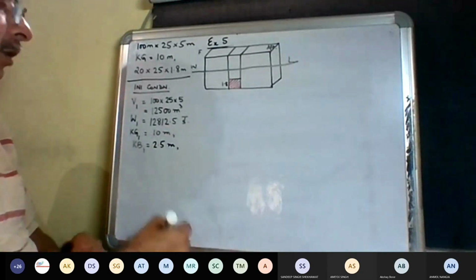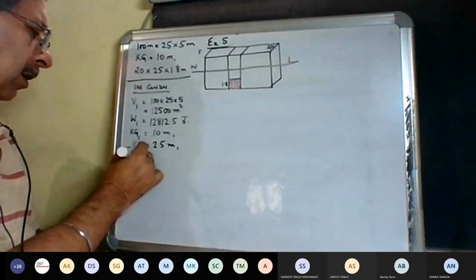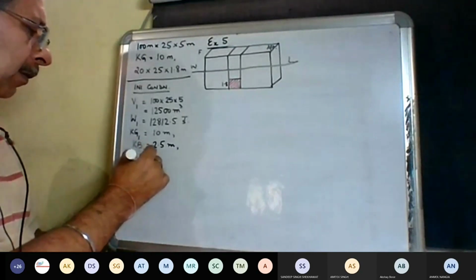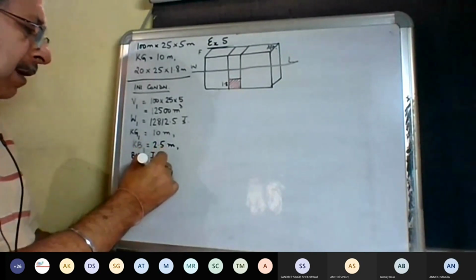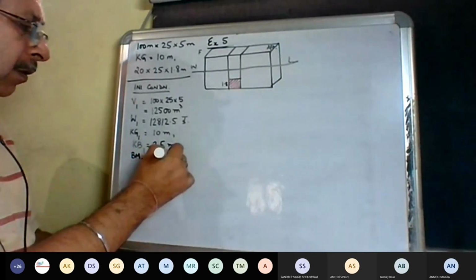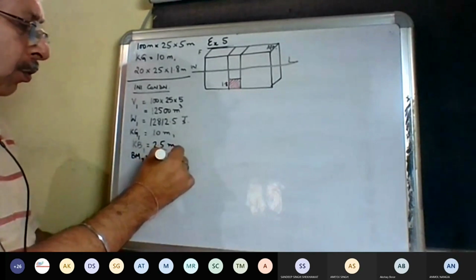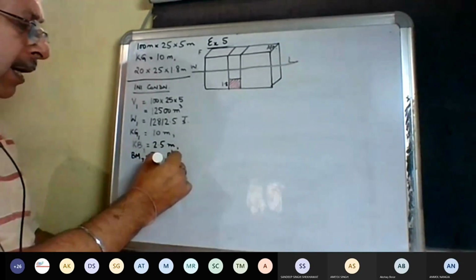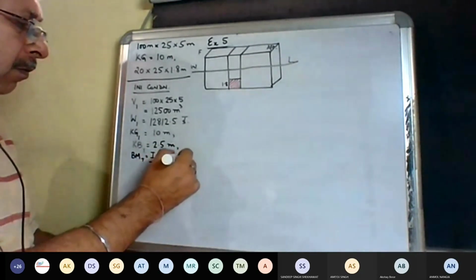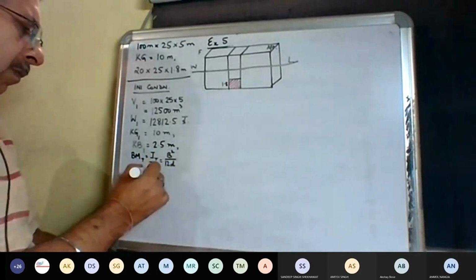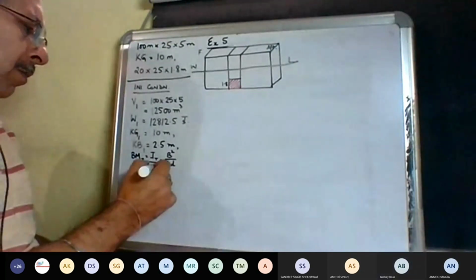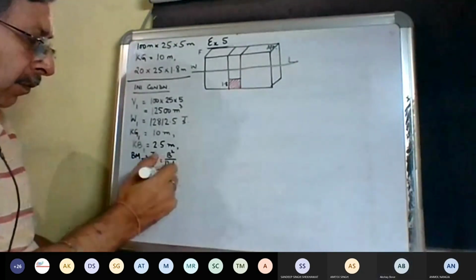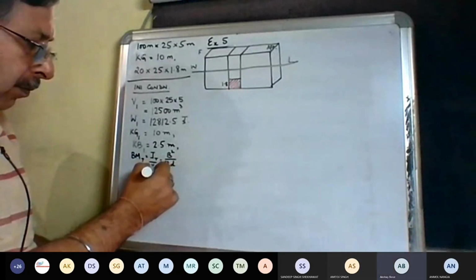Okay. Tell me initial BMT will be IT by V, equal to B square by 12D, which will be equal to 10.42.